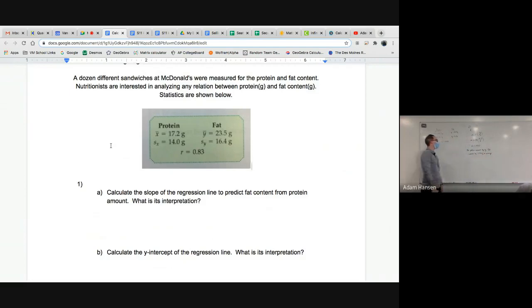There's some variability. Some sandwiches are going to have higher fat content. Some sandwiches are going to have lower fat content for a given amount of protein. But on average, fat increases by 0.972 grams every time protein increases by 1.